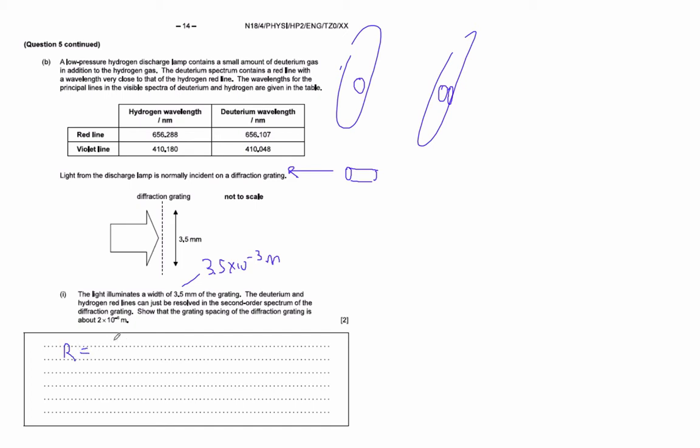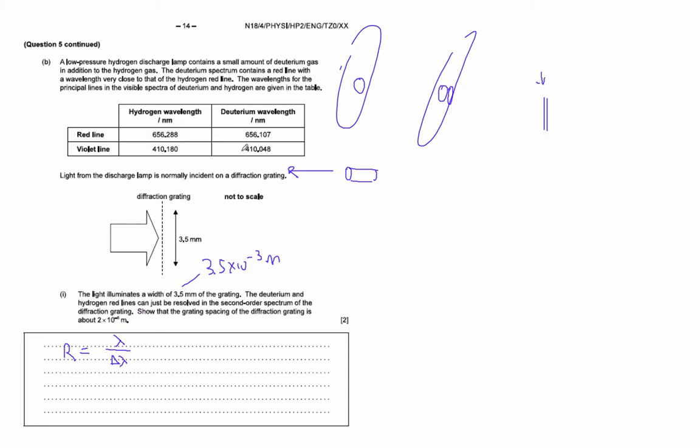So resolvency is the wavelength divided by the change in wavelength. Let me find that in the data packet. It's the ability to, when you see these spectral lines, they have some width to them. But the more lines you have in your diffraction grating, the crisper these lines are.